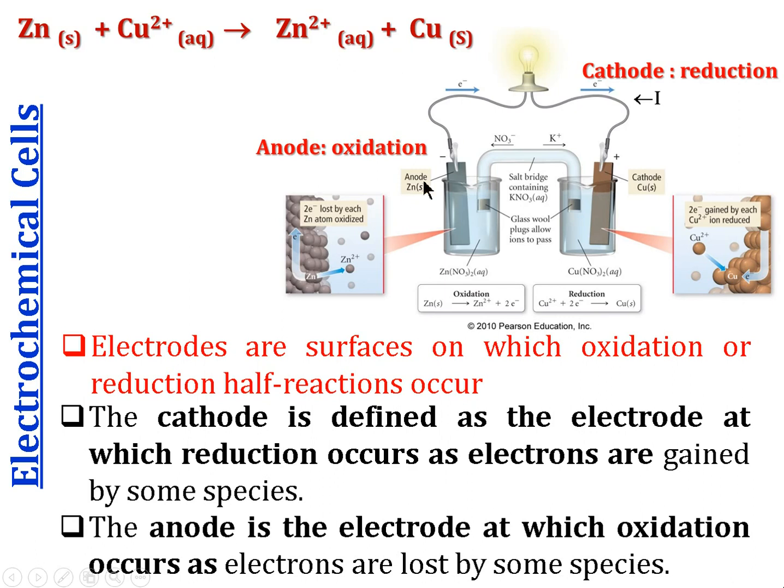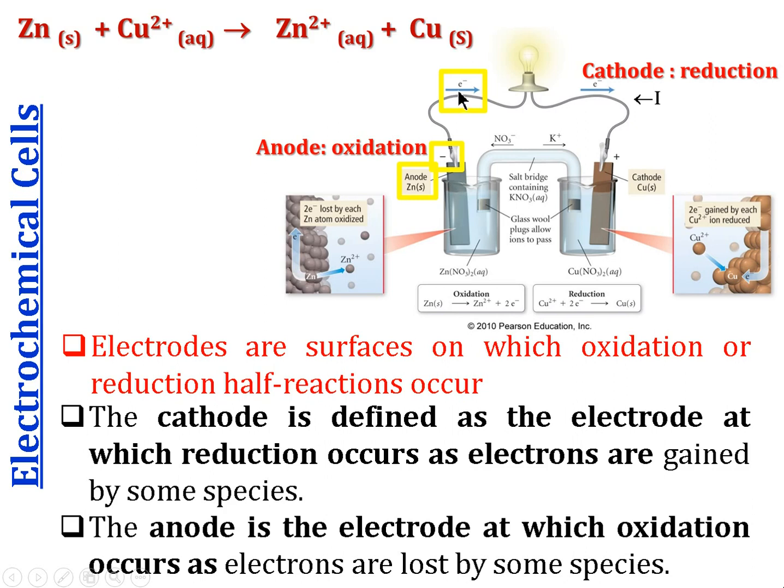So in the drawing of the electrochemical cell, we have to take into consideration the presence of two beakers containing the corresponding solutions. Then we have to determine the anode, which is Zn in this case. We have to put the charge minus.